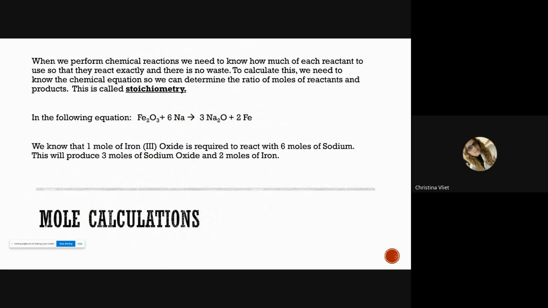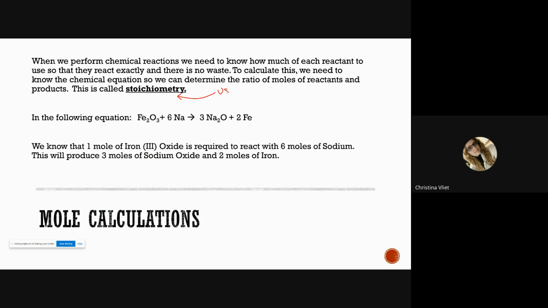Okay, so what is stoichiometry? It is not a definition they need you to memorize, but it is a concept you should be well aware of. Stoichiometry is basically using a chemical equation to figure out amounts of reactants or products.